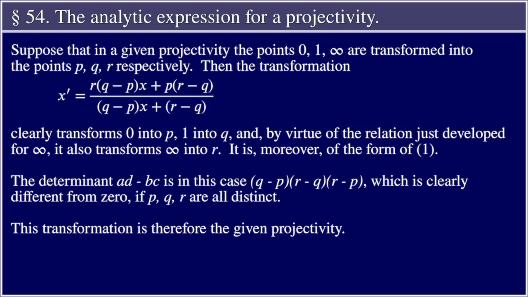It is, moreover, of the form equation 1. The determinant ad minus bc in this case is (q minus p) times (r minus q) times (r minus p), which is clearly different from 0 if p, q, r are all distinct. This transformation is therefore the given projectivity.